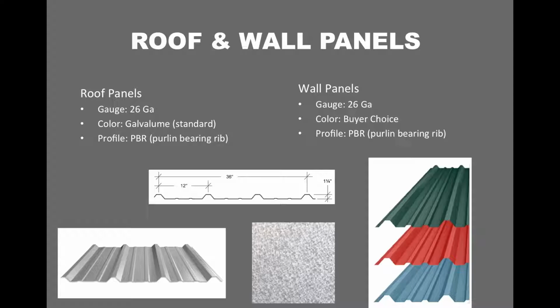The reason they do this is because it's about 18 to 22 cents less per square foot to use a Galvalume panel versus a painted color panel. If your roof isn't very visible, no one's really going to see it, so they just go with the less costly option. That being said, obviously if you have a steeper roof pitch, or if you just want a color roof panel, that's certainly available.